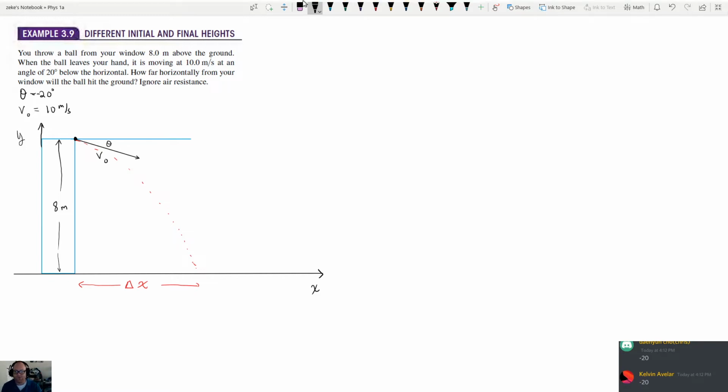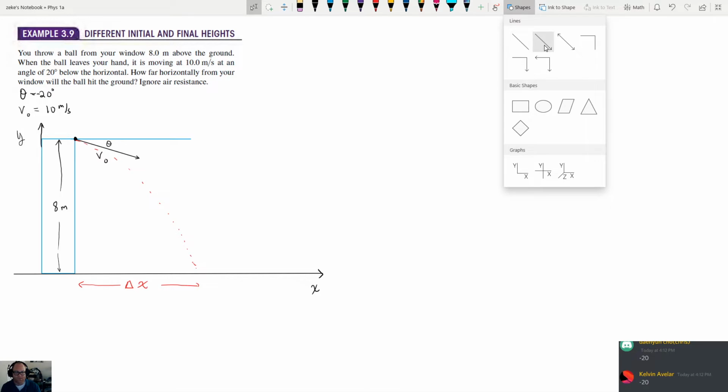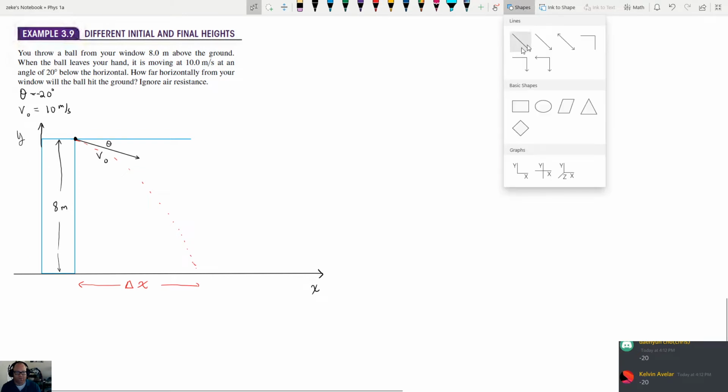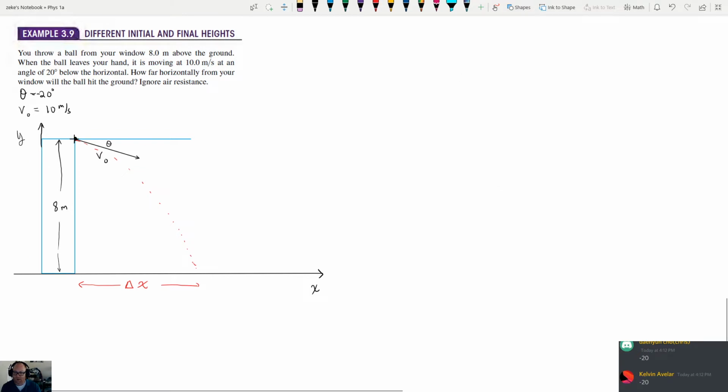After deciding what the x and y directions are going to be in your problem, the next thing you want to do is take your velocity vector and break it up into components. We're not going to be doing the physics of just that vector. We're always going to be breaking things up into components. The x direction is going to point this way. That's going to be the x component of the velocity, and then our y component of the velocity is going to point down this way.